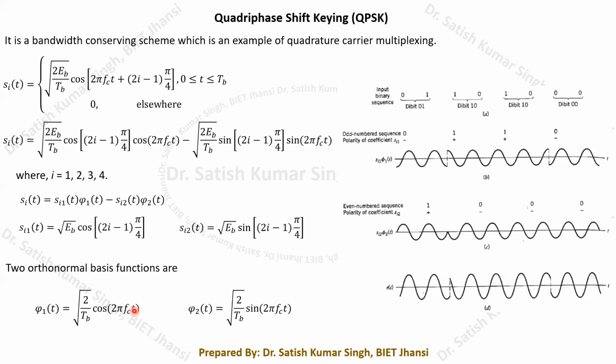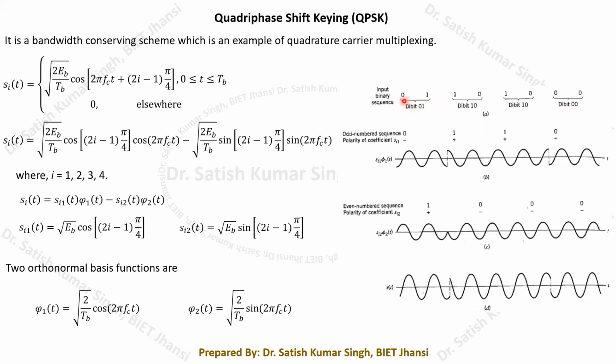Now in the case of quadrature phase shifting, let us suppose this is our input binary sequence, our data. Once we have this data, first we need to divide the binary sequence into dibits. A dibit is the combination of two consecutive bits.